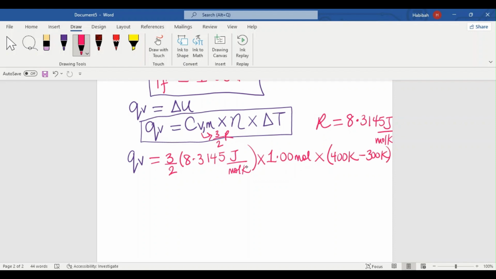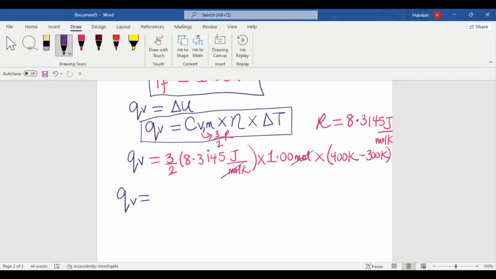This is basically how you do this question. So Q_V here is just going to be 3 over 2 times 8.3145. But before we go there, let's start canceling out the units. Let's cancel out the moles. We can't cancel anything else out because we need to subtract 300 from 400, but let's just work with what we have for now.